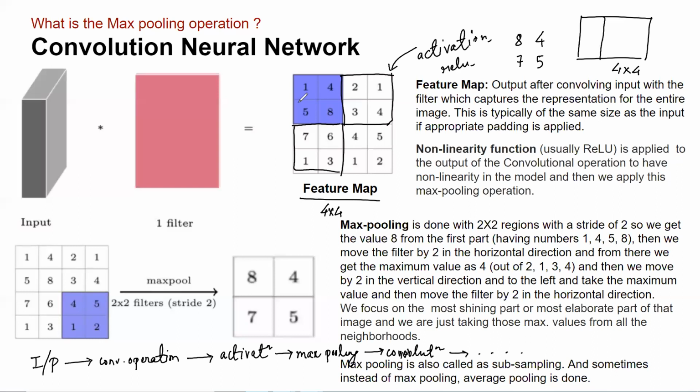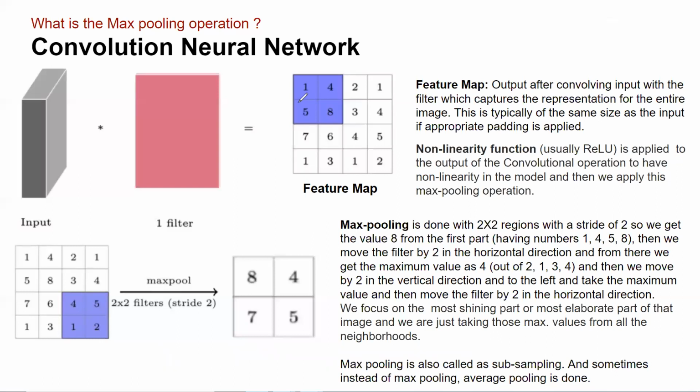Any question in this part? After applying the max pooling function, you are applying one more filter, and then the output of that is a smaller matrix, and that is also a convoluted matrix, right? Not actually.